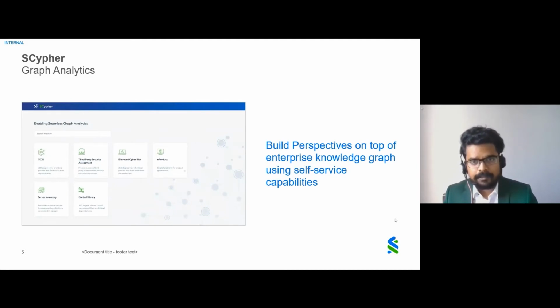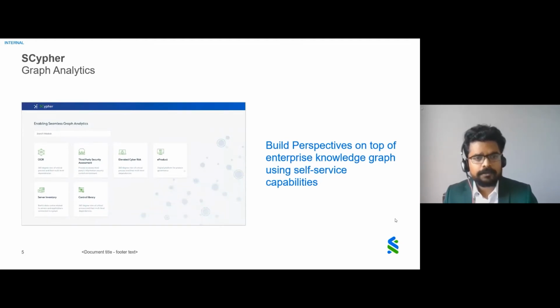If there is a process being supported in one of our markets, let's say Malaysia Standard Chartered, and the best example is Hong Kong printing notes, which is one of the services we provide, what are all the dependencies needed to support that particular service can be easily identified with the help of Cypher using OCIR as a module or perspective.